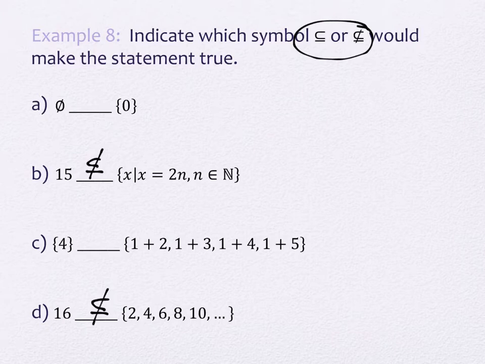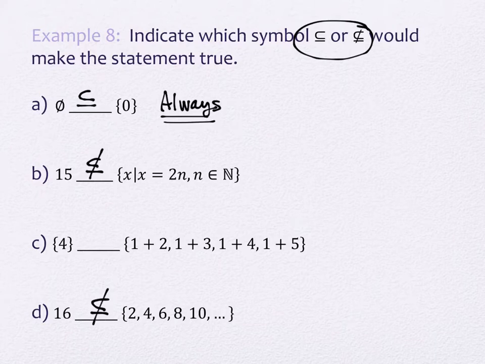The null set, by definition, because it contains nothing, is contained inside of the set that contains all the other stuff. So this one is always a subset. So you might actually make a note to yourself that the null set is always a subset of anything. Doesn't matter what comes next. Not at all. This is a subset of the set that contains the number 0. But it doesn't matter what's on the right-hand side. It's a subset.